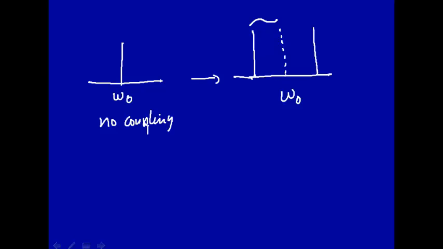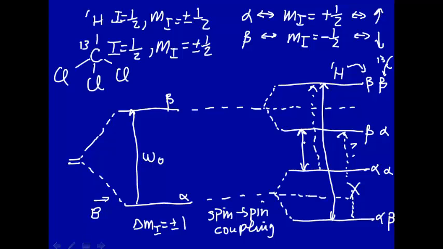This splitting in energy is given the symbol J. It's called the spin-spin coupling constant. And if you go back here, we see that the difference between this line and this line is 1, 2, 3, 4 times this splitting here. This splitting is the same as this splitting. So this means that this splitting here is, now let me try to write that clearly here.